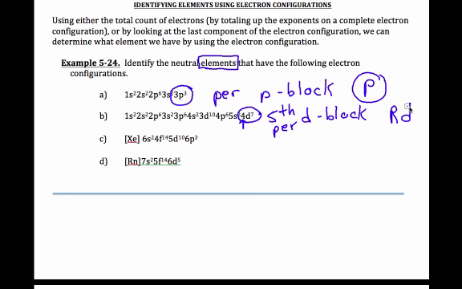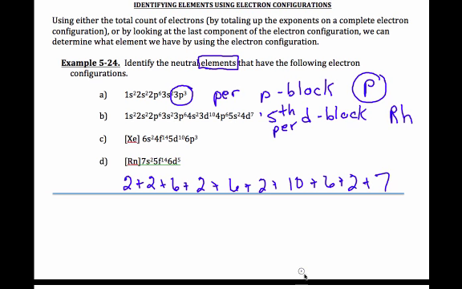Now there is another way to do this than looking at the periodic table and counting on the periodic table. You can simply add up all of these numbers: 2 plus 2 plus 6 plus 2 plus 6 plus 2 plus 10 plus 6 plus 2 plus 7, and that equals the number of electrons. That would be the other way that you could identify it.